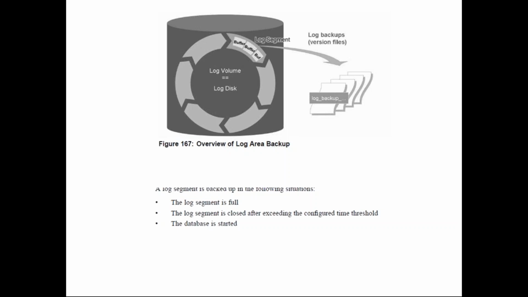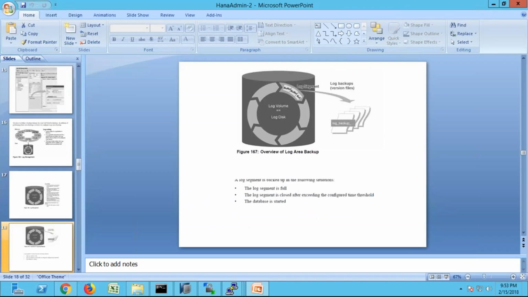To write the data into the log volume, the system will create files called log segment files, in that path. They are normal files, and by default a segment file is 1 GB.